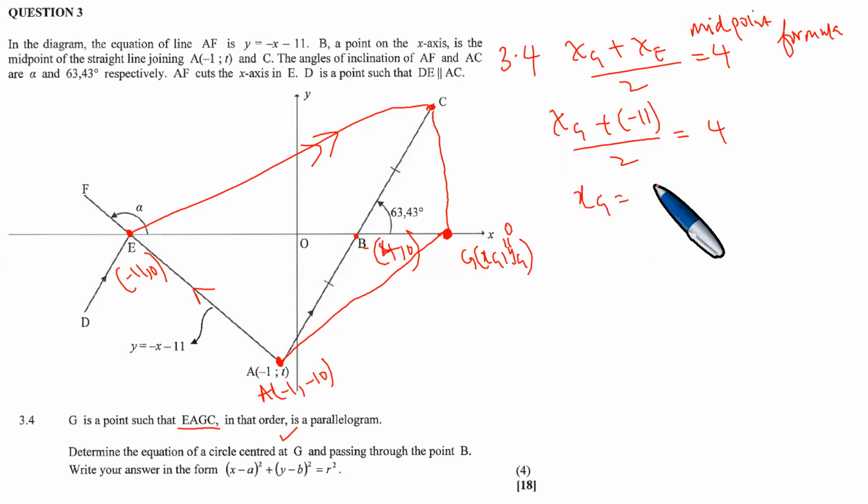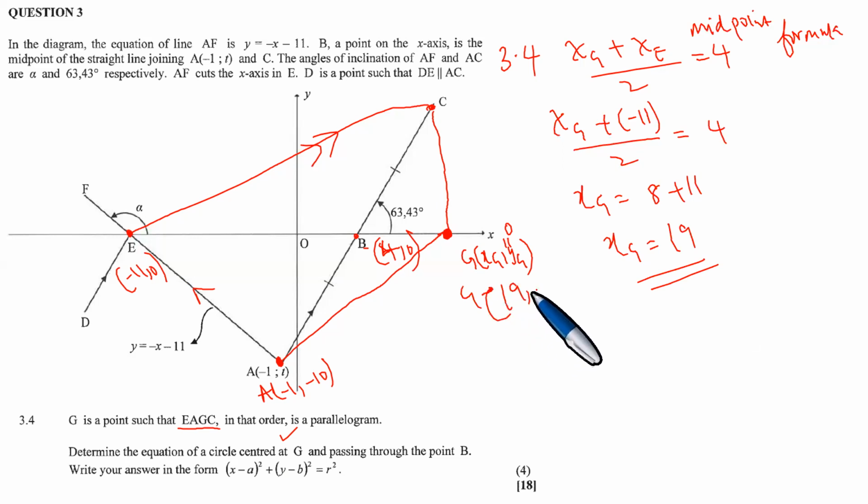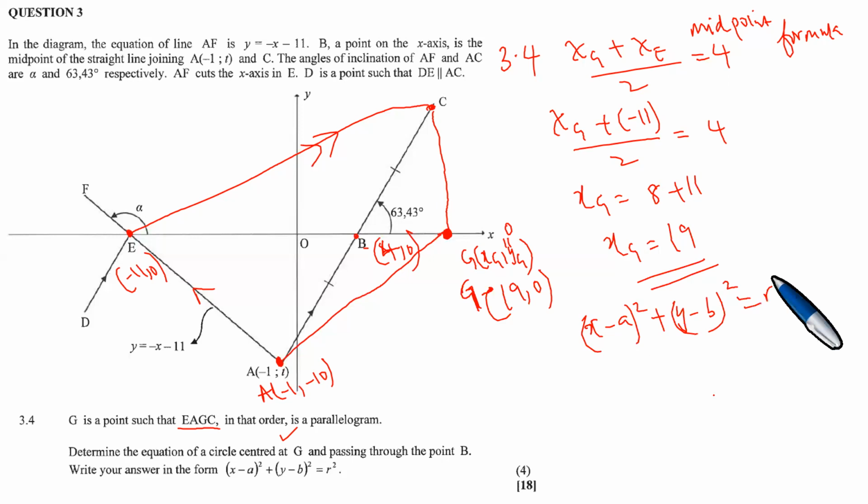What is 2 by 4? What is 8 plus 11? 19. Okay, look. X is 19 and that one is 0. So we have x minus that, equals r squared.